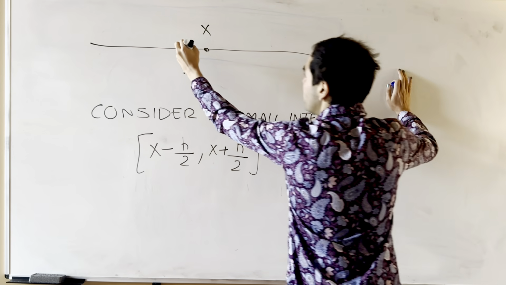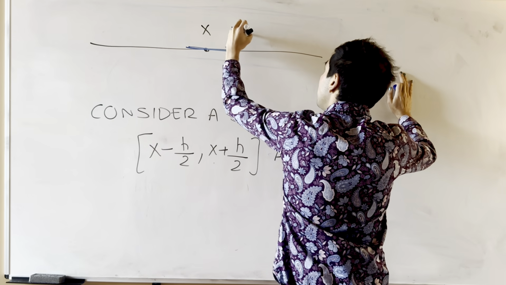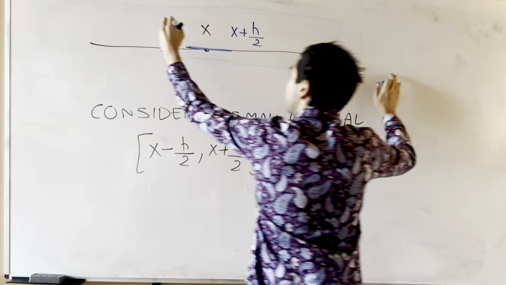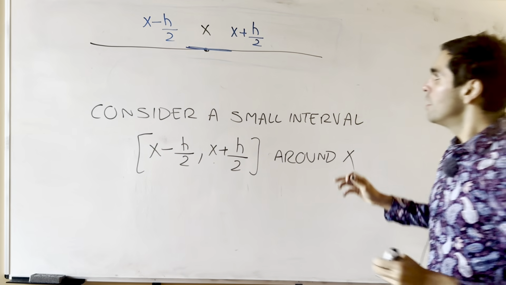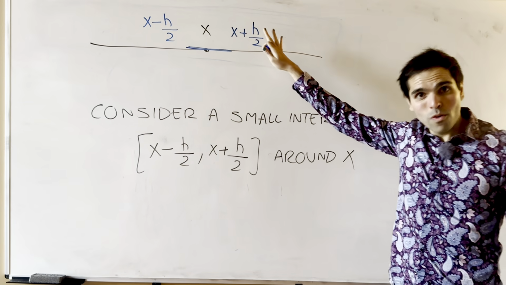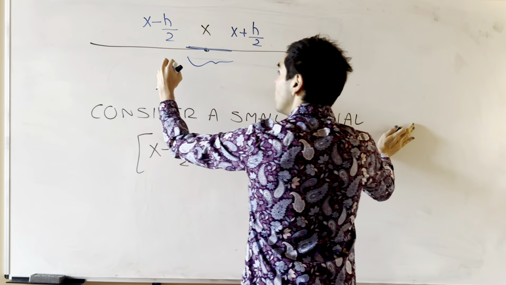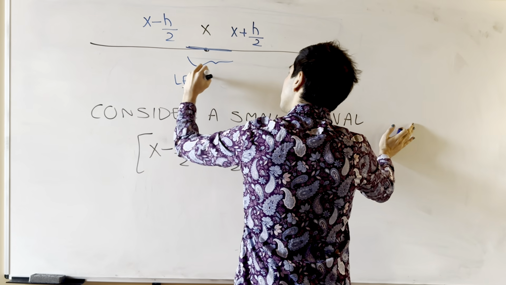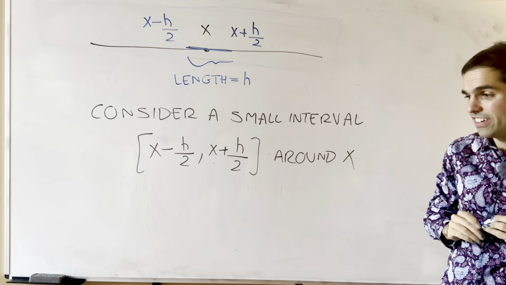So here we have x, and then, well, this is x plus h over 2 and then x minus h over 2. First of all, why h over 2? Because the total length, we want it to be h. I'll simplify our formula very soon.